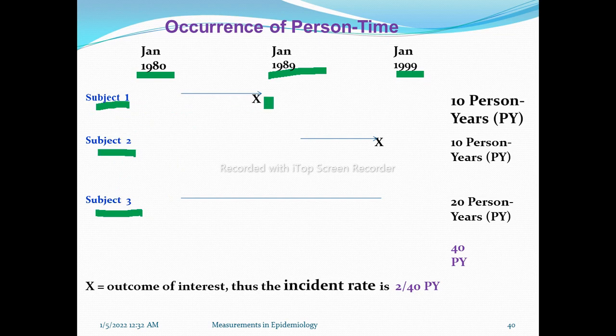Subject 1 is followed up to X, subject 2 is followed up to X, and subject 3 is censored. So subject 1 is followed for 10 years, subject 2 is followed for 10 years, and subject 3 is followed for 20 years. For instance, this individual was followed for 10 years.